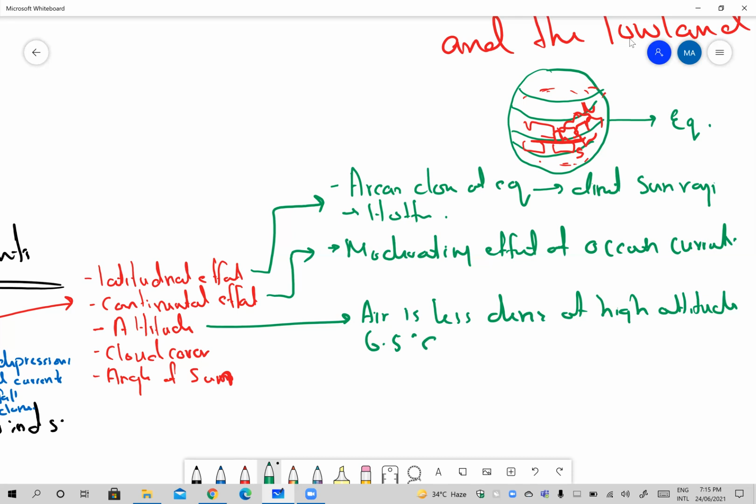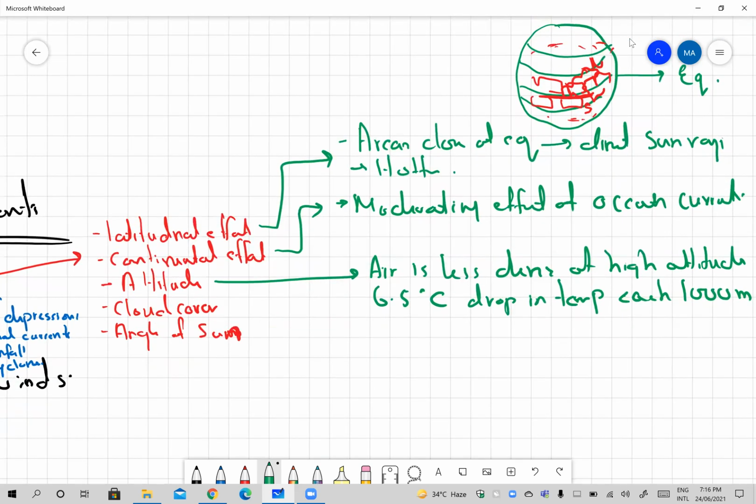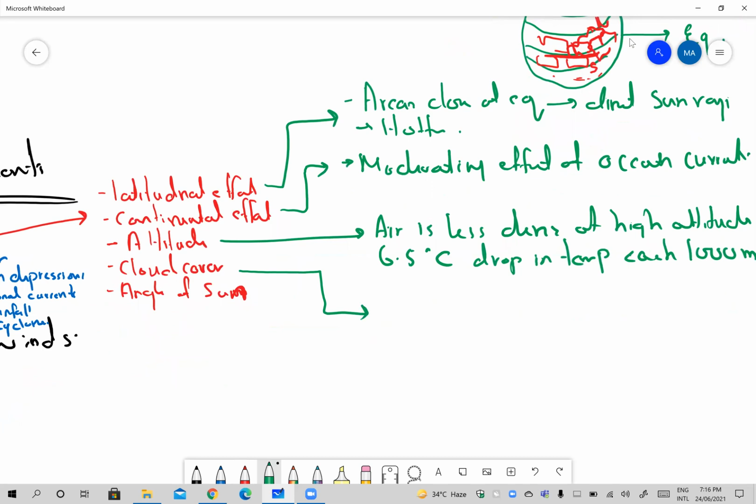There is a 6.5 degrees Celsius drop in temperature for each 1,000 meters. So as you ascend 1,000 meters, your temperature will drop by 6.5 degrees Celsius. And then let's say you climb up another 1,000 meters, your temperature will drop 6.5 degrees Celsius even further, right? This is how the temperature drops as the altitude increases. There is an inverse relationship between altitude and temperature.